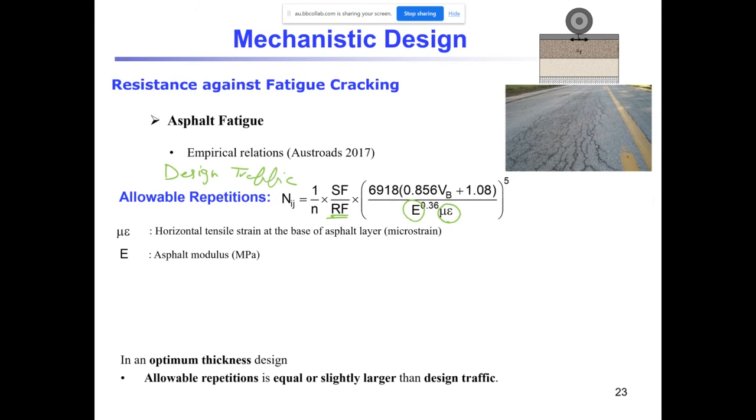This one is the reliability factor. VB is the percentage of bitumen in asphalt. So you can see when the amount of bitumen or percentage of bitumen increases, the allowable repetition will increase, right?